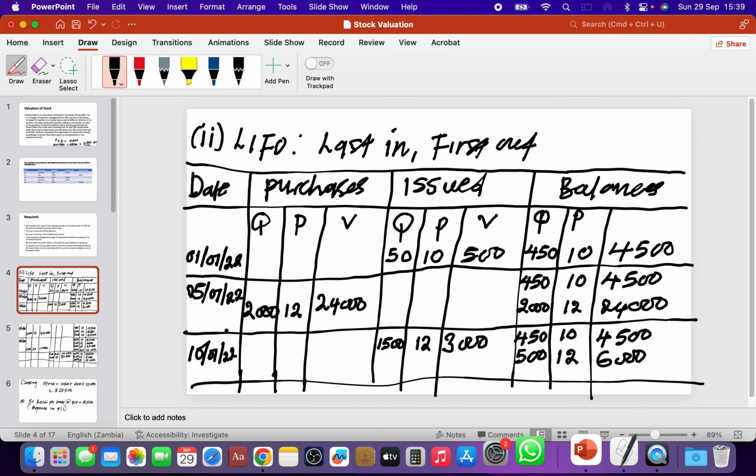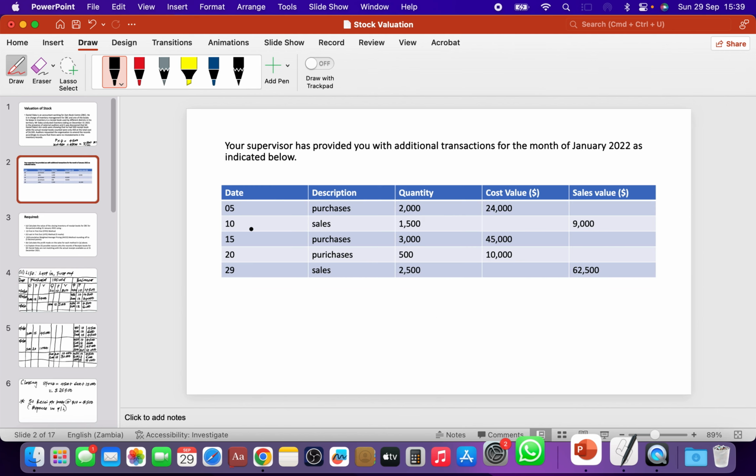There was another transaction on the 10th of January 2022. On the 10th of January 2022, the organization sold 1,500 units. You need to take note that we are selling these 1,500 units from the stock that we have at hand.